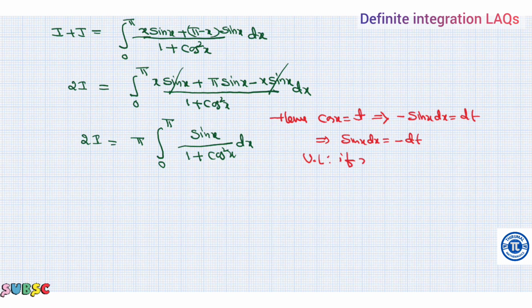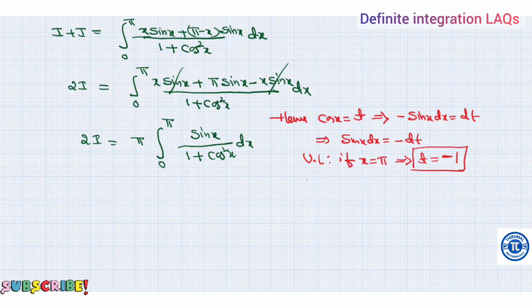Okay, now transform the limits. If x equals pi, then t equal to cos x, so cos pi value is -1, the upper limit. And the lower limit: if x equal to 0, then t equal to cos 0. Cos 0 value we know is 1, so t equal to 1 is the lower limit.